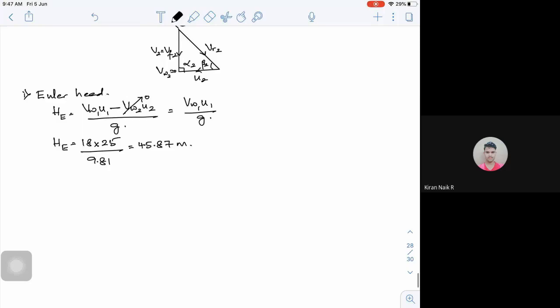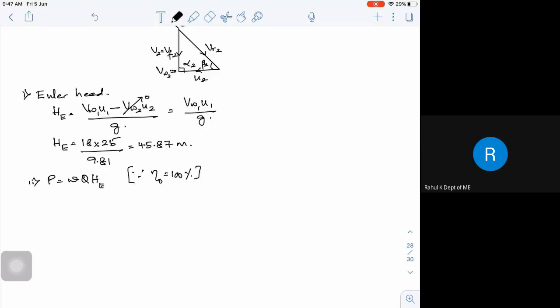So the power developed is equal to omega Q H. So now, if I go with the 100% efficiency, this net head will be, so this is only when my overall efficiency is 100%.